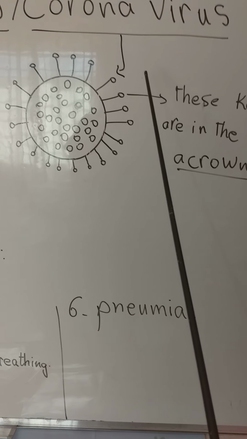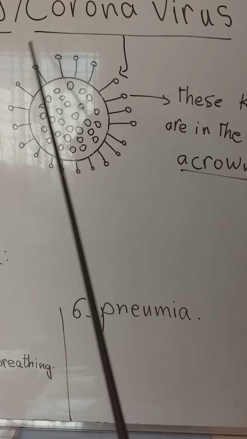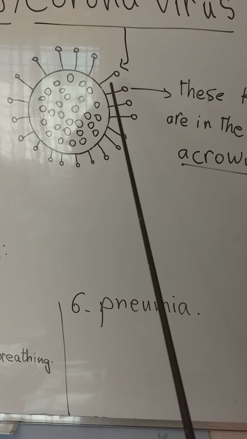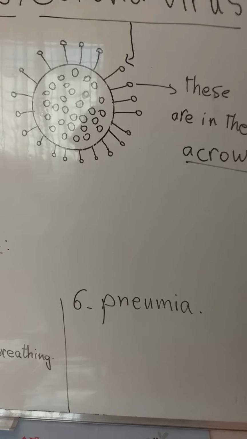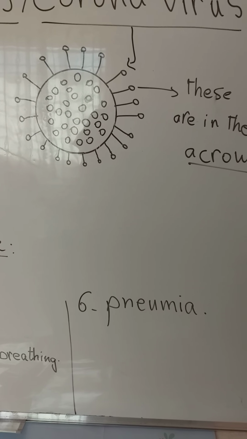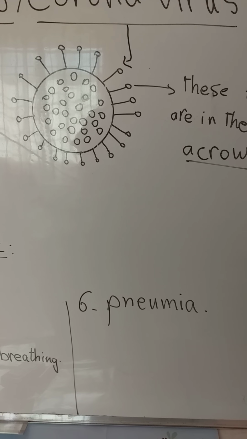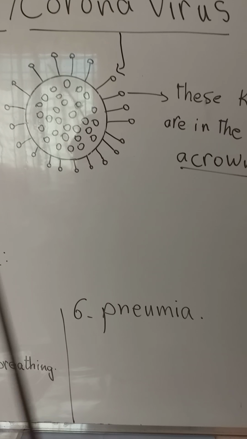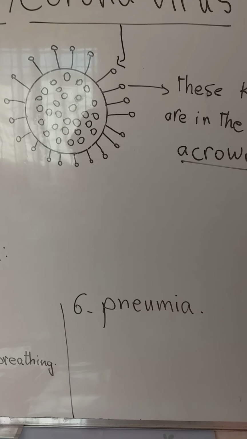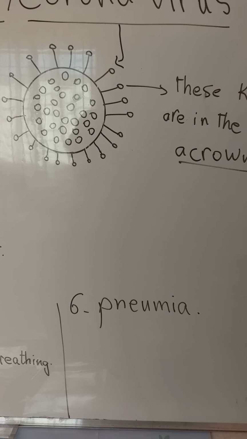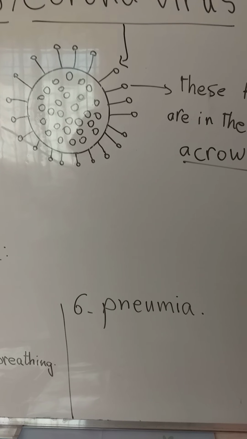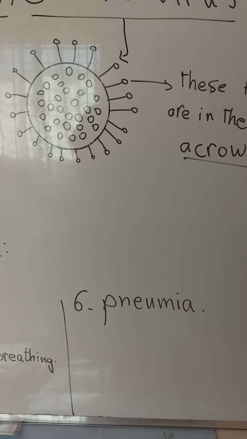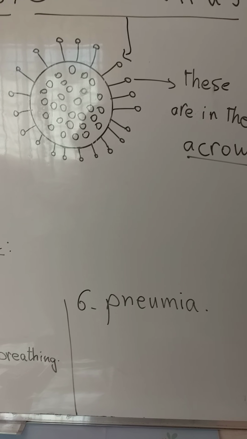If the keys on the virus fit the locks on the surface of any person's cell, the cell opens the door and lets the virus in. And this one virus produces millions of viruses. Okay?